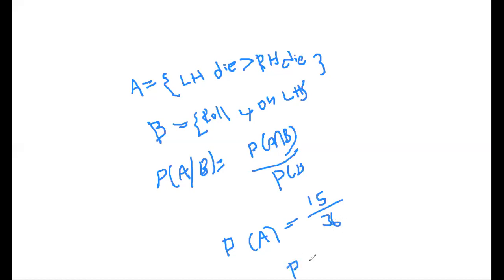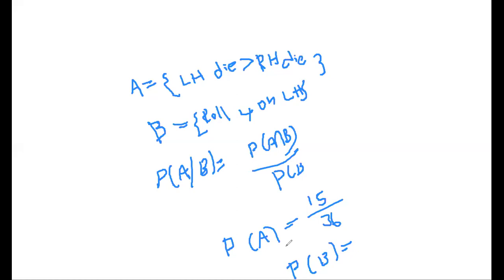And P of B. How many elements do we have in B? The number of elements in B will be equal to 6 divided by 36. So P of B is equal to 1 by 6.